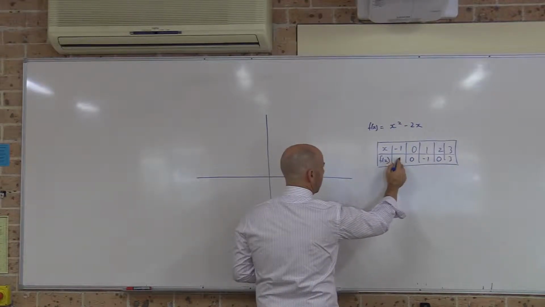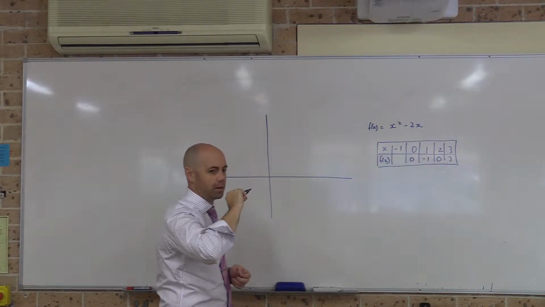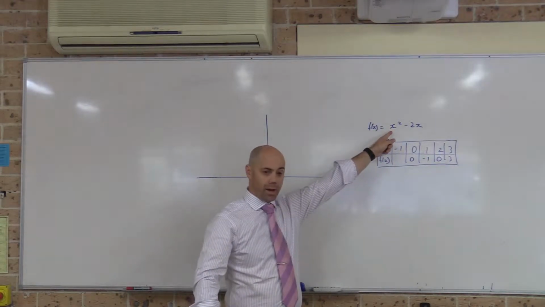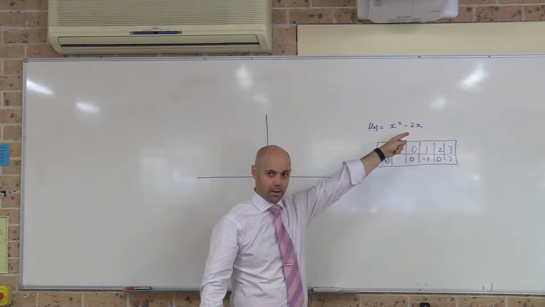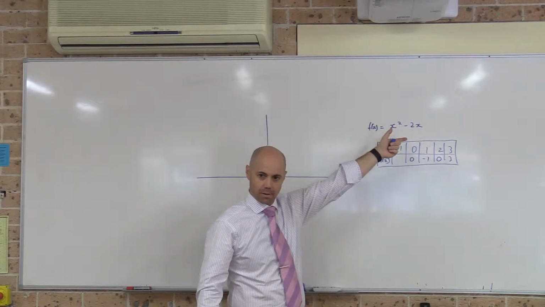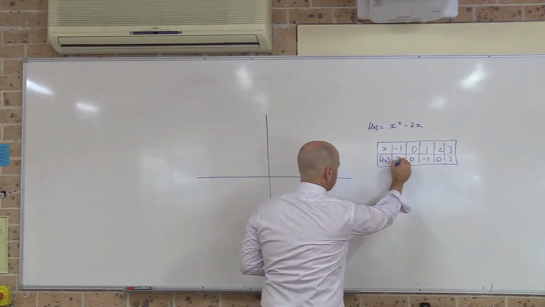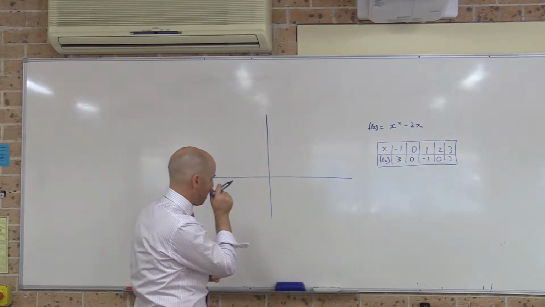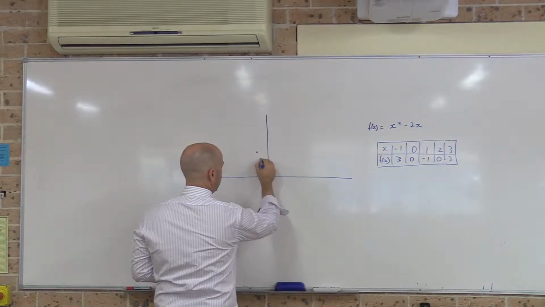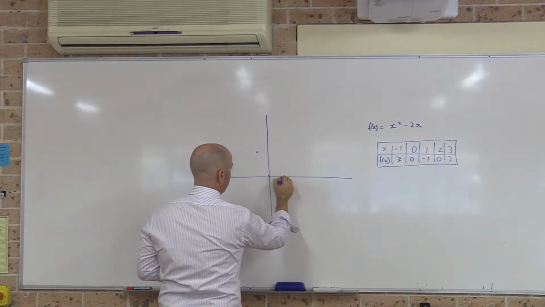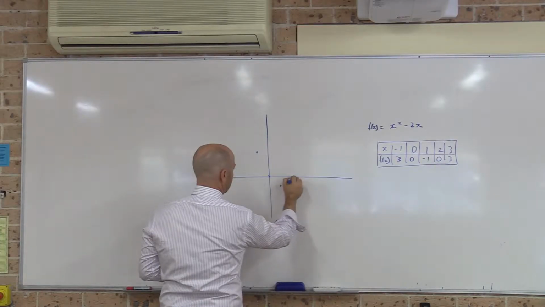When x equals 0, it's 0. When x equals negative 1, let's think about it. Negative 1 squared is 1. Take away 2 lots of negative 1, which means add 2. So that's 3. Okay, so what have we got? We've got negative 1, 3, 0, 0, 1, negative 1.